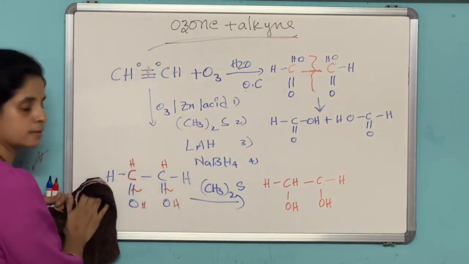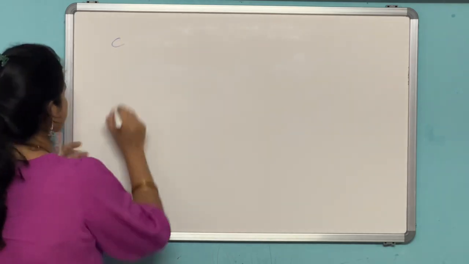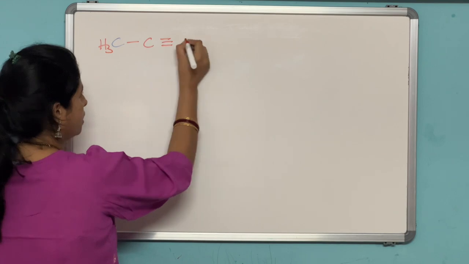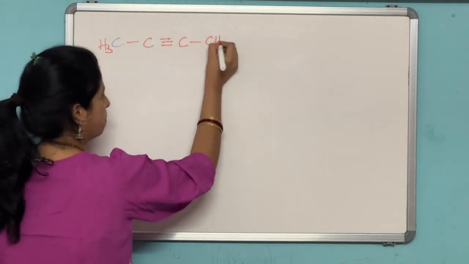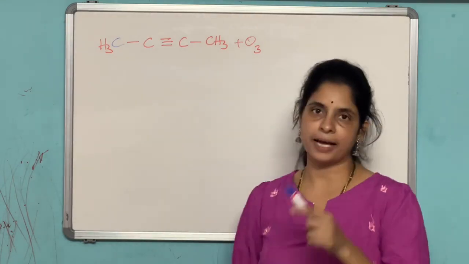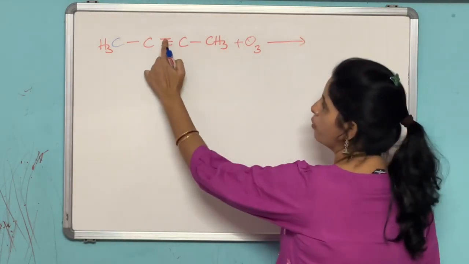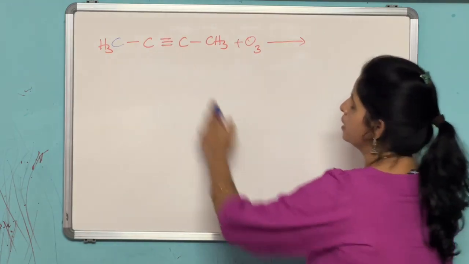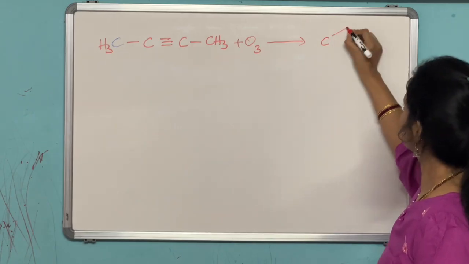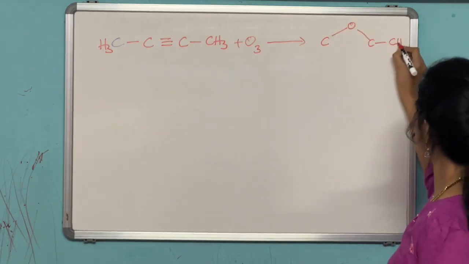Clear this one? So if we take CH3 C triple bond C CH3 plus ozone. Here in this example I will write the ozonide formation. So here you introduce oxygen in the pi bond, I told you, no? So unlift that bond, C double bond O, C, CH3.